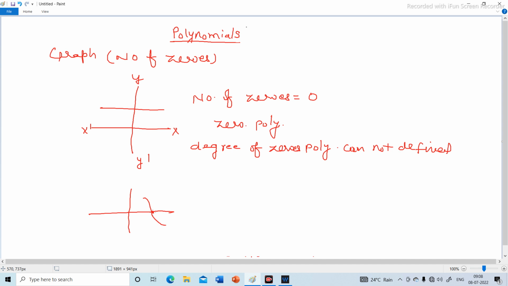Now here I have another graph. There is only one point of intersection. It is a linear polynomial. The number of zeros equal to 1. Now here I have another graph.